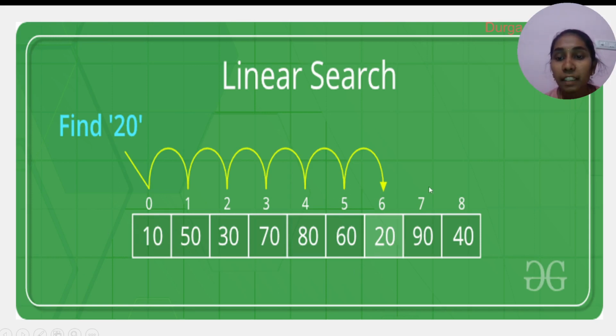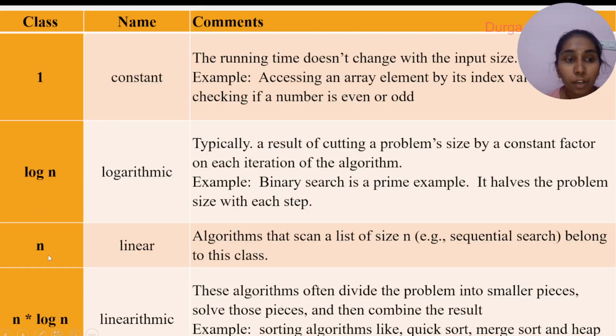If it contains 100 elements, in linear search it needs to search all the elements. If the array contains 10,000 elements, it needs to search every element. So here the time is dependent on input size. If the input is 5, it will take 5 units of time. If the input is 10, it will take 10 units of time. That's why the time complexity is order of n.